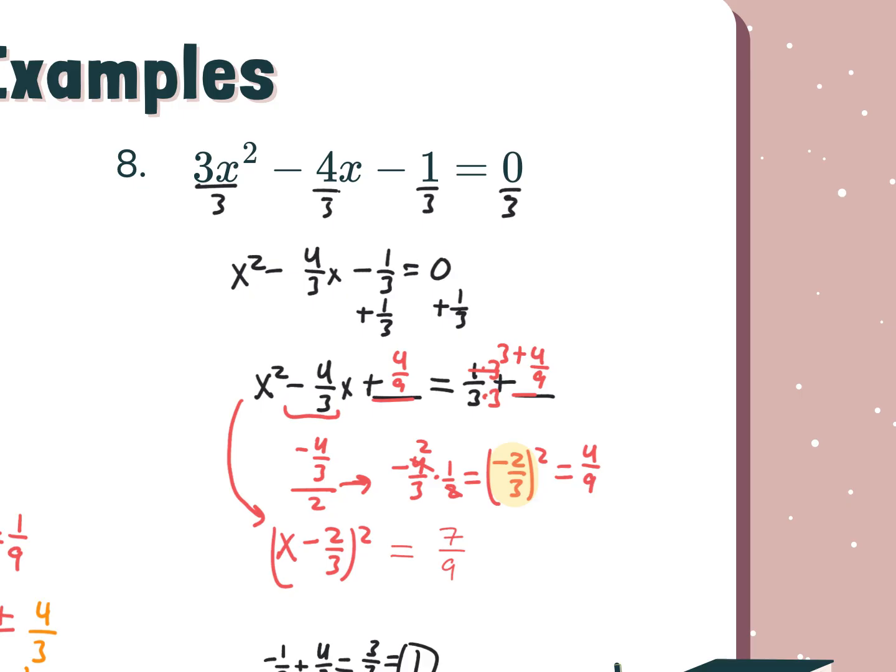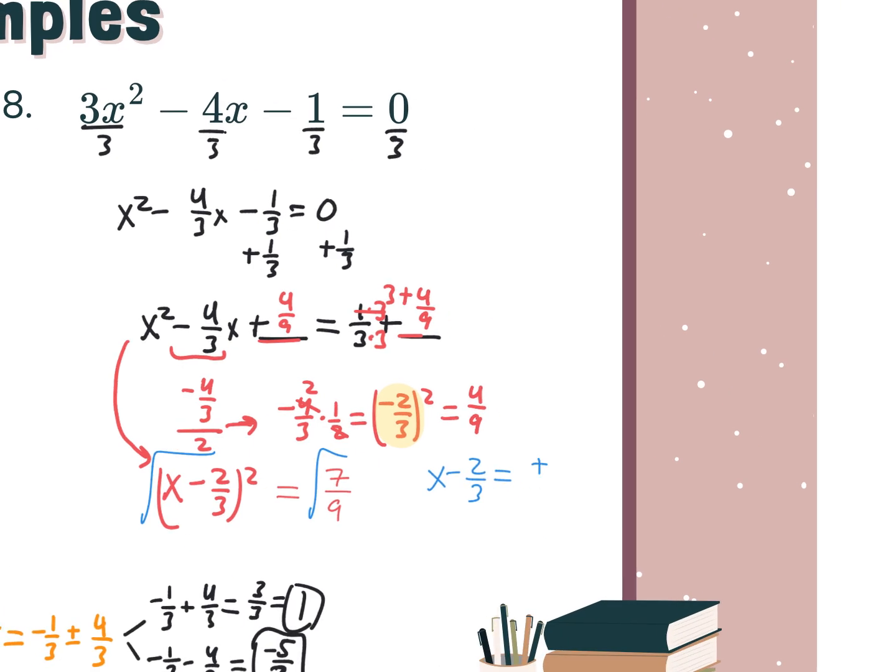And then from here I can square root both sides. So square root, and then I get x minus 2/3 equals plus minus the square root of 7 over 9. I can do square root of the top, square root of the bottom. Square root of 7 doesn't simplify. The square root of 9 is 3.